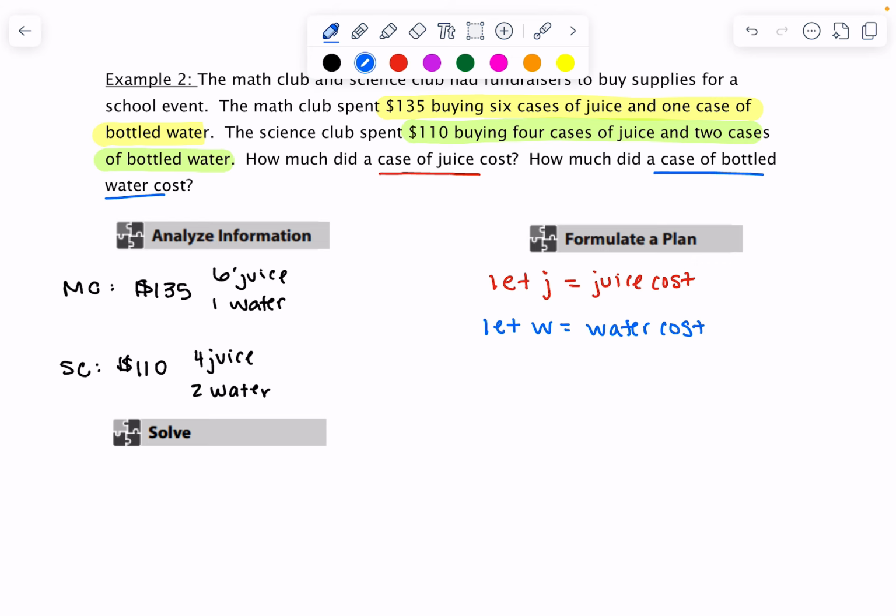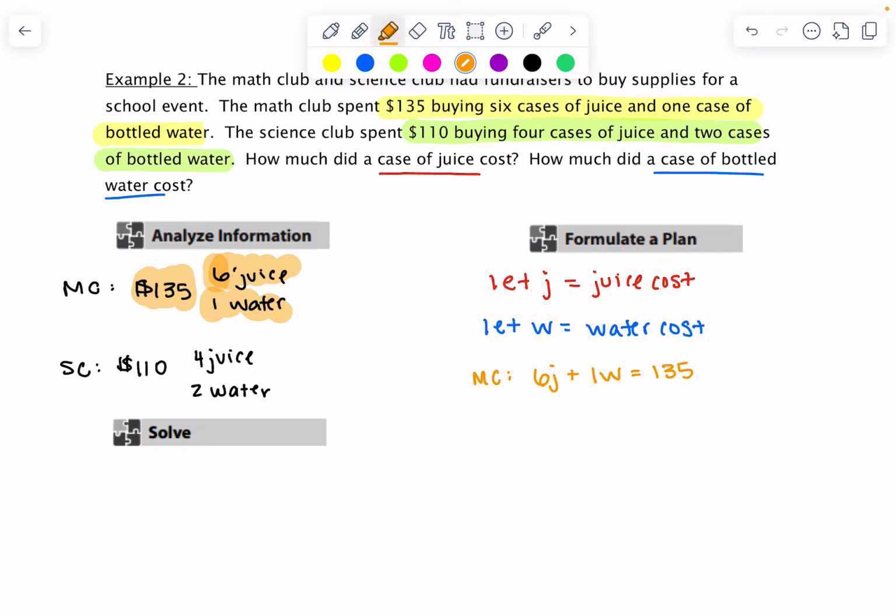So in the case of the Math Club, I'm spending $135 on 6 juices and 1 water. So when I write that equation, the Math Club is going to have an equation of 6J plus 1W equals $135.